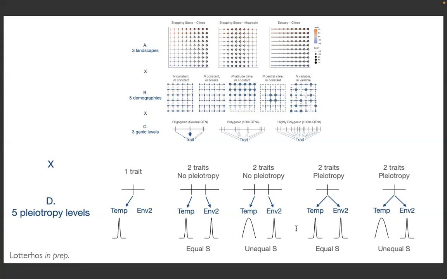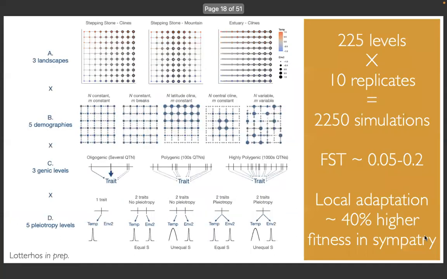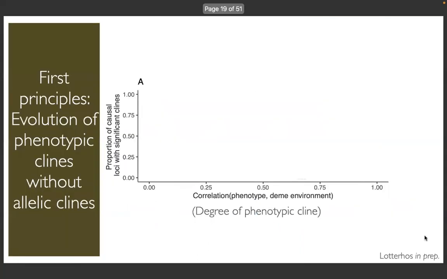Those traits were under stabilizing selection within each population and I simulated different strengths of that as well. So in total, there was over 2,000 simulations. FST varied between 0.05 to 0.2, depending on how much drift there was. And there was local adaptation similar across all simulations, as evidenced by higher fitness in sympatry than allopatry.